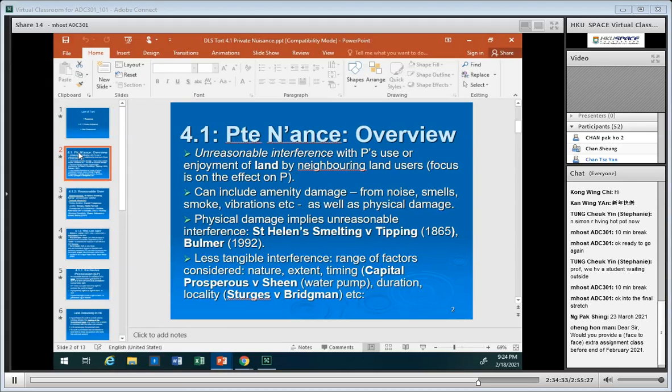Emphasize the word land, okay? And it's important to note, and we'll note this shortly, the only persons who can sue in private nuisance are those people who own land, okay? So this is why I put in bold print the word land. It's the effect on the plaintiff's land which is important. So the plaintiff must own land. So to a certain extent, you need to have a knowledge of land law.